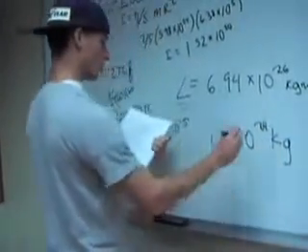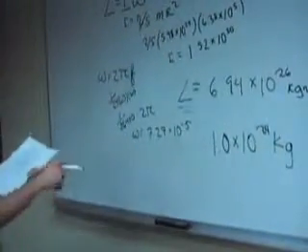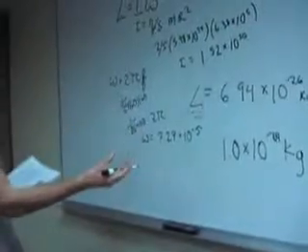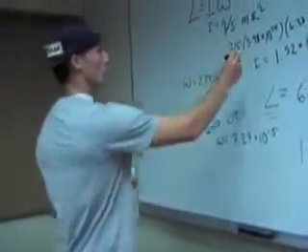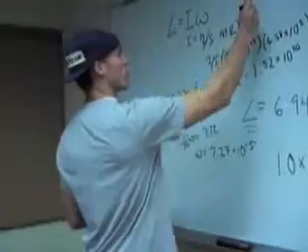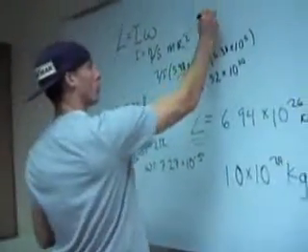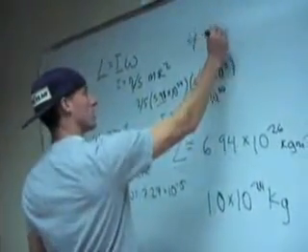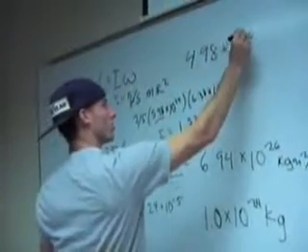Launching that amount of space shuttles reduced the mass of the Earth, which was 5.98 times 10 to the 24th, to 4.98 times 10 to the 24th.